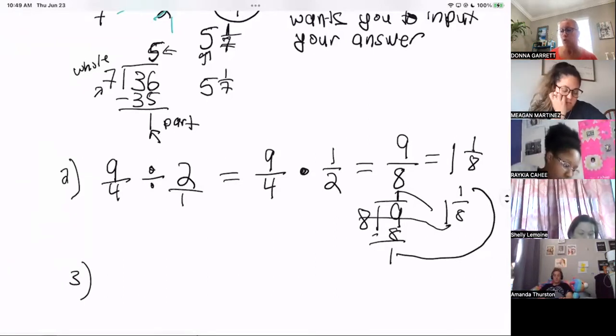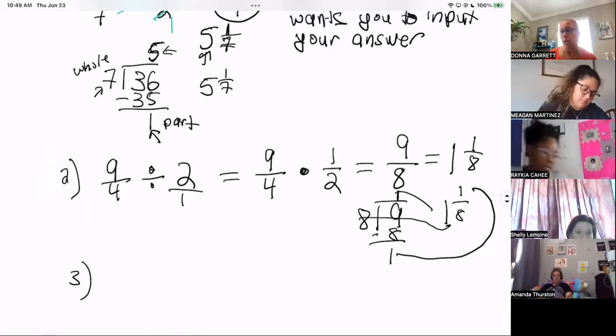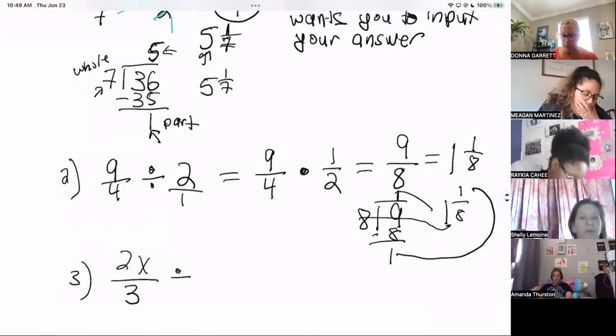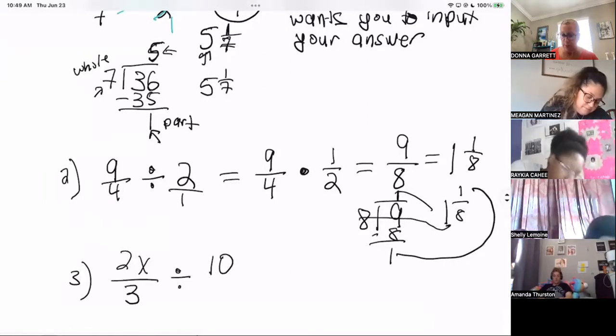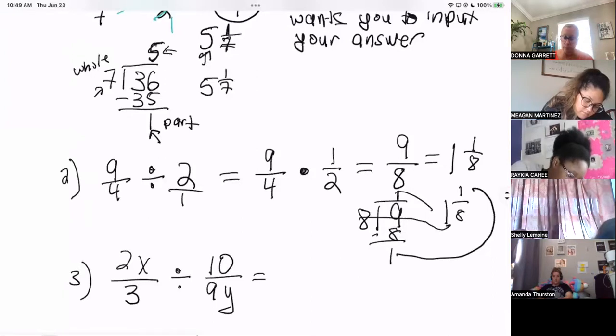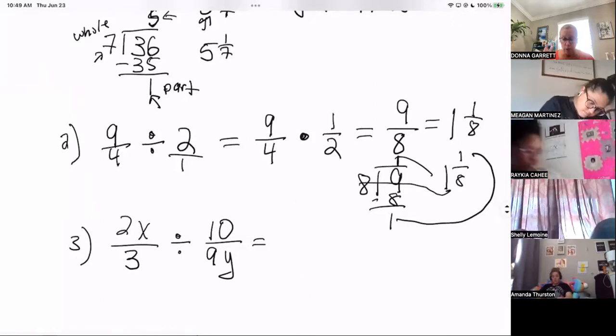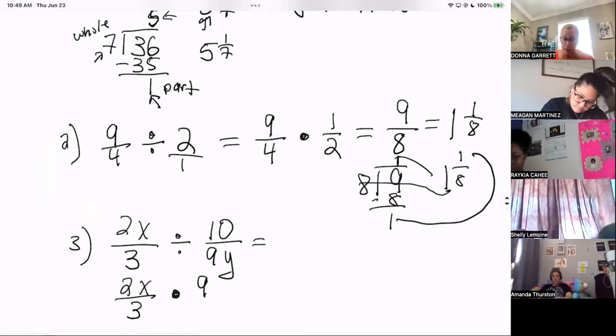All right, so let's try one with a variable. Just slowly getting you used to variables. And number 1, we've got to change it to multiplying. So keep the first fraction, change dividing to multiplying, and reciprocate or flip the second fraction.